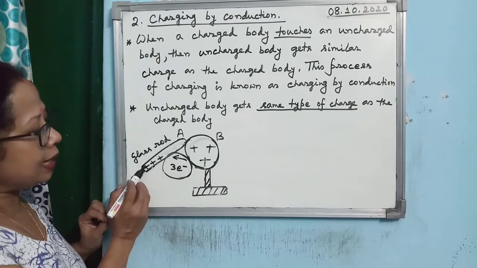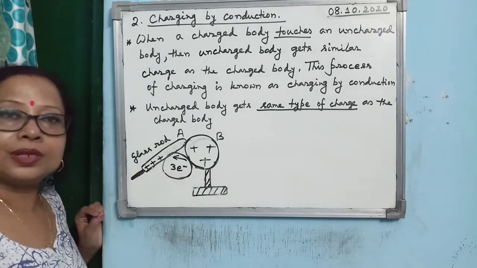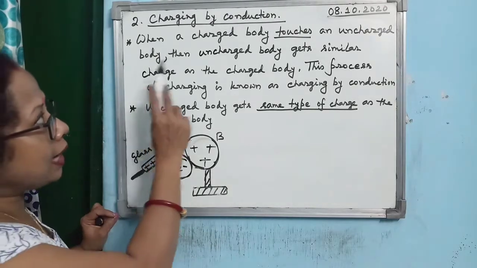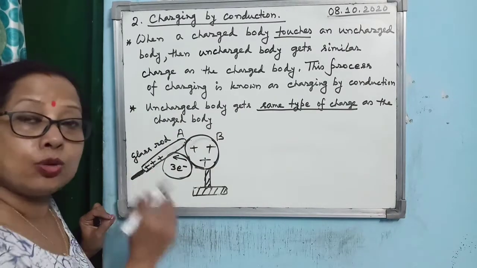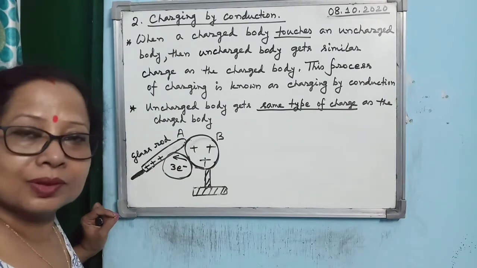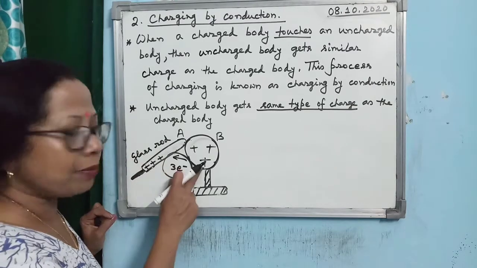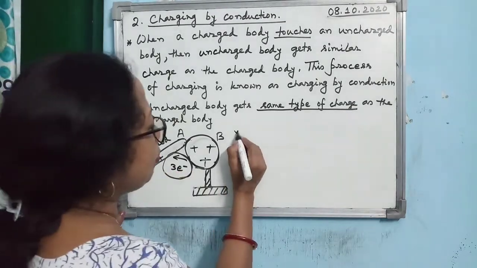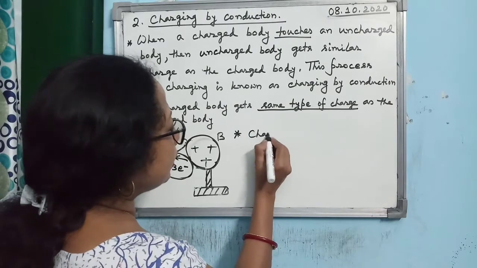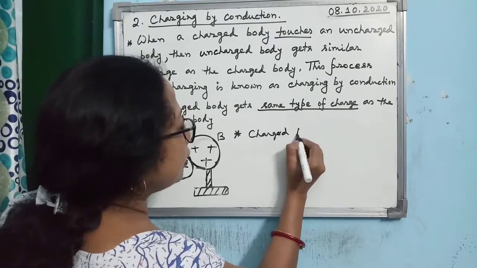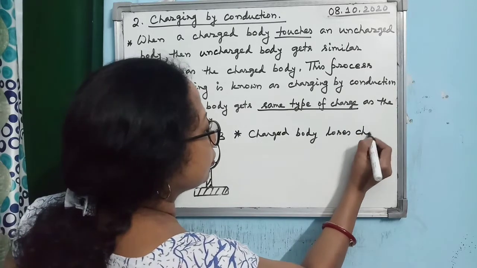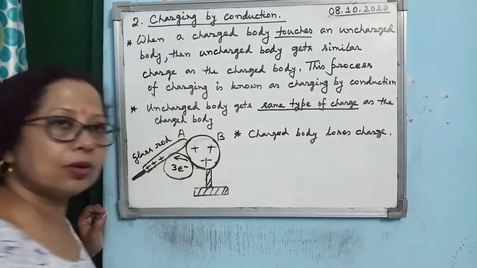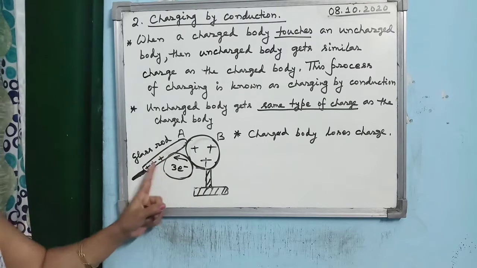So how much charge will A have? 3. So you see, during charging by conduction, another fact is that the charged body loses its charge. This is another point you may note down, that the charged body loses charge. And this is the way it is happening.